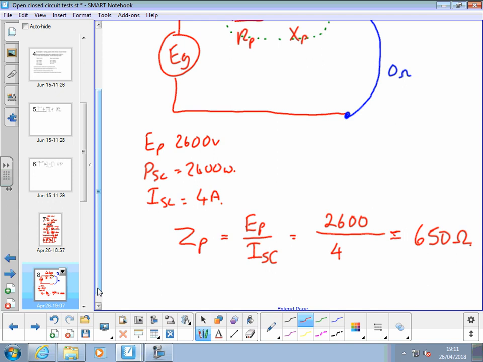It's got some angle associated with it, but we have no way of calculating that at the moment. It's the impedance, remember? It's the two components combined together.